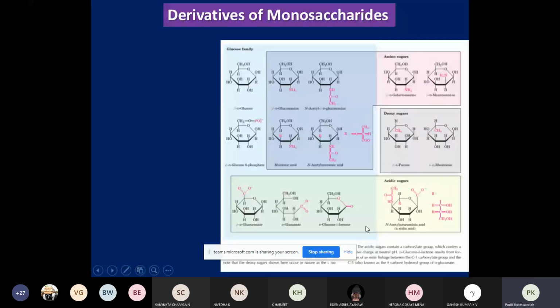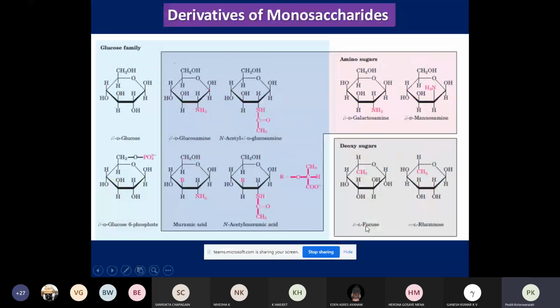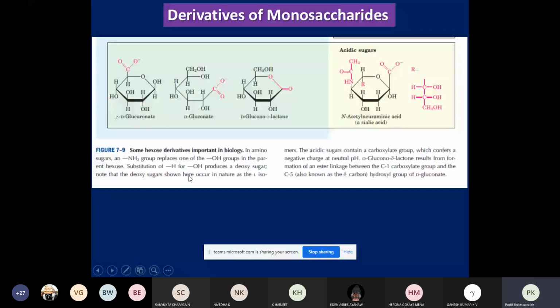They have various physiological functions, mainly the amino sugars like galactosamine, mannosamine, and glucosamine, and certain sugar derivatives like glucose 6-phosphate, glucuronic acid, gluconate, and gluconolactone, and acidic sugars like sialic acid. All these are sugar derivatives. They have many functions in the cell.